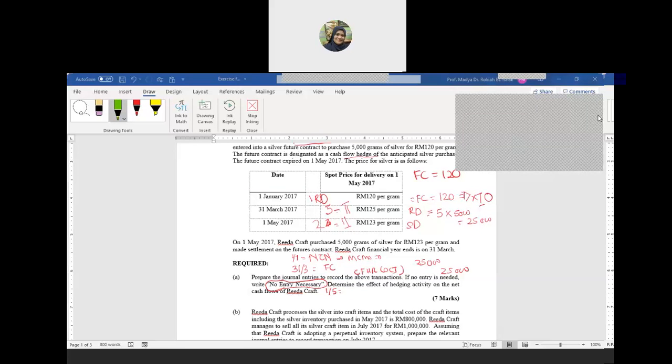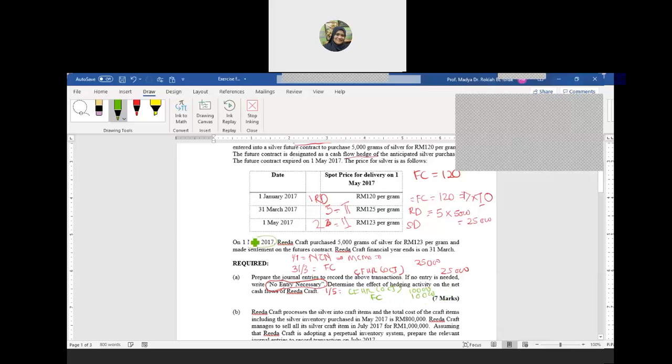On this date, because you have a loss here, you're going to debit cash flow hedge reserve of other comprehensive income, the amount here is 10, like the one that your friend put there, and then credit your future contract 10.